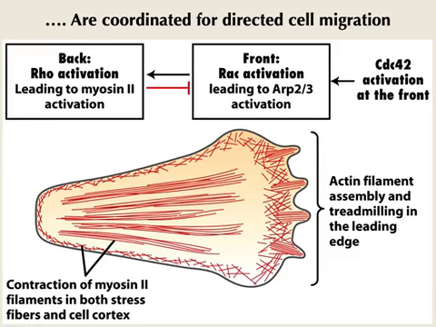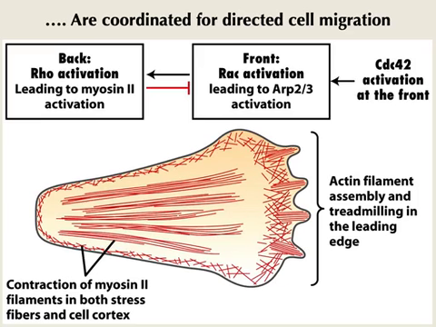Because I showed you the PAR complex is at the front, and the PAR complex actually contains CDC42. So these proteins interact with CDC42. So here you have potentially already a connection between the polarity, so where the PAR complex is, and CDC42 activity, and then the activity of the cytoskeleton.